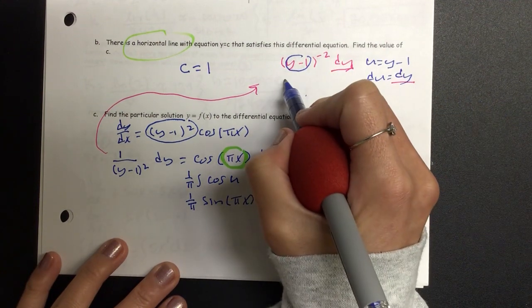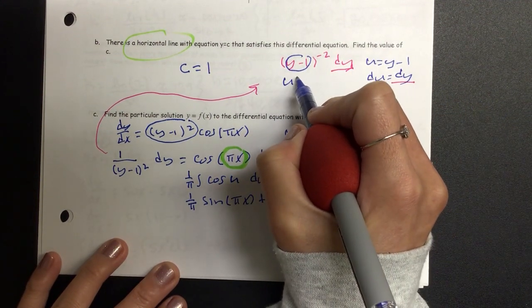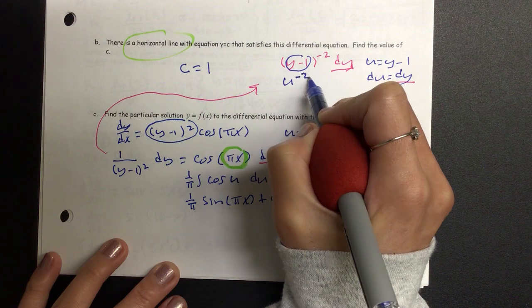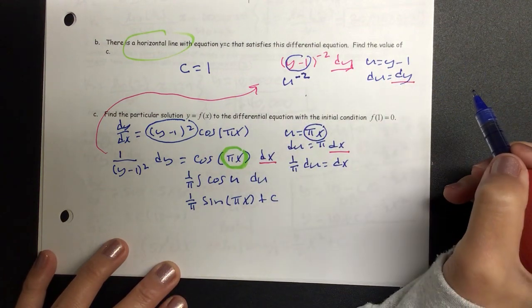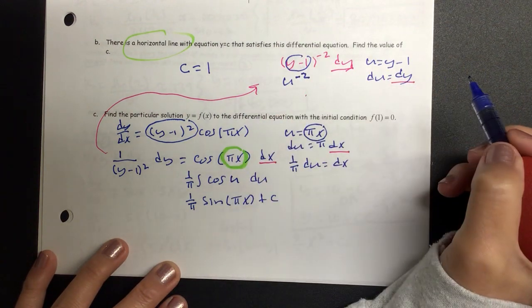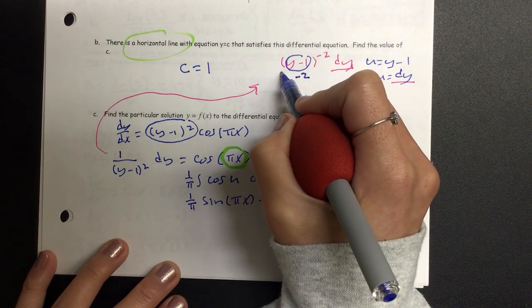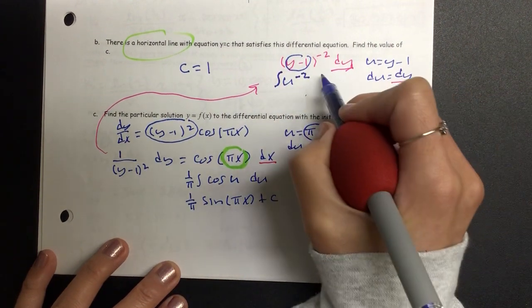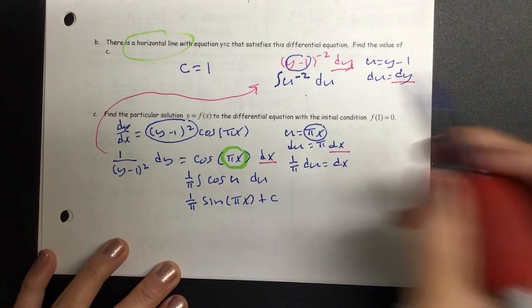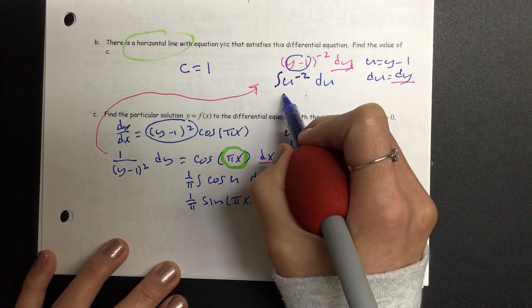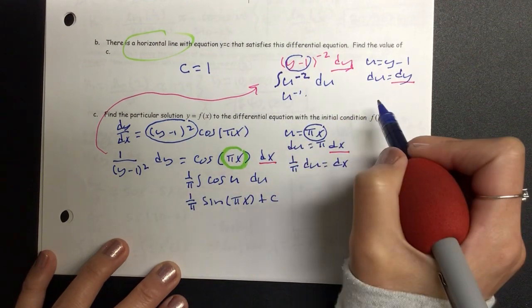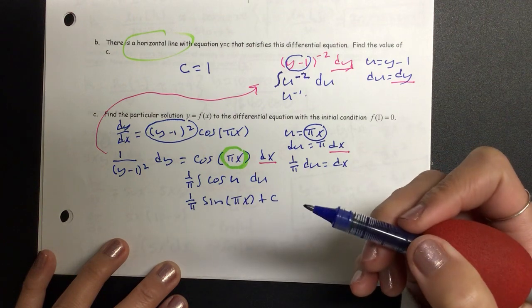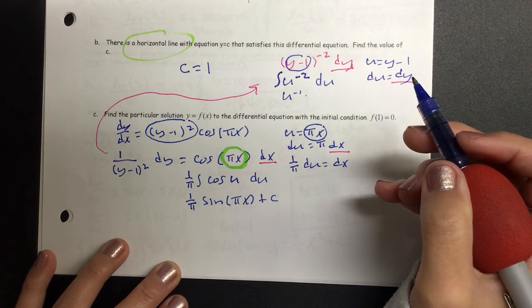So here I have u to the negative 2. We want to integrate it. And then we have du. What is one more of this power? So negative 1. And then if I multiply or divide it by negative 1, isn't the value still the same? Yeah?